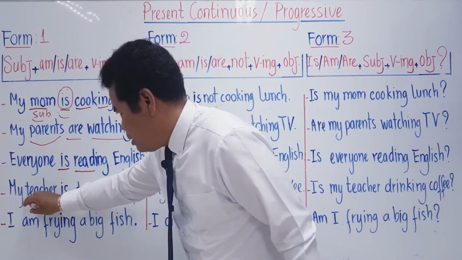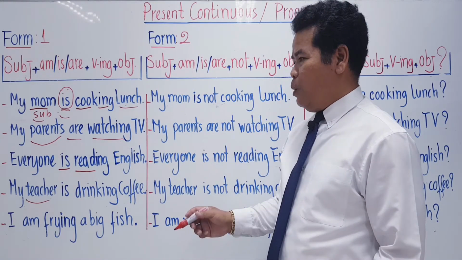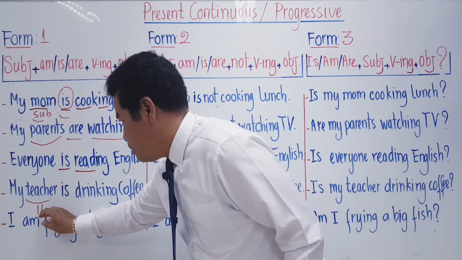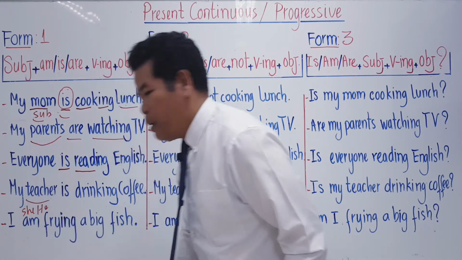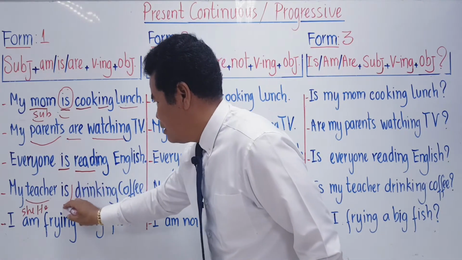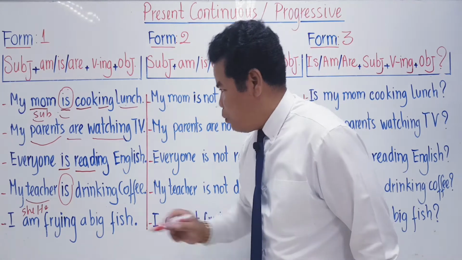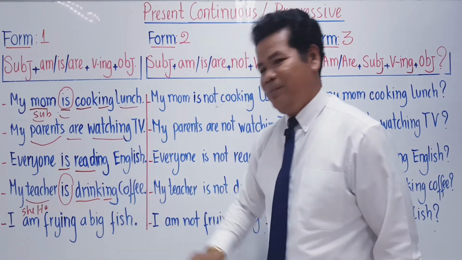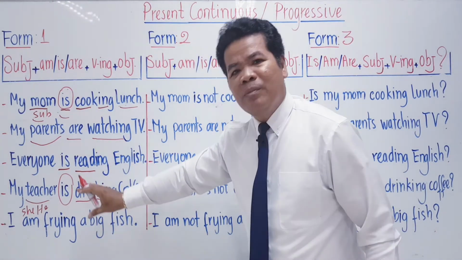My teacher is a subject, and then do I have to use is or am or are? So think about the subject. My teacher can be he or can be she. Alright? But only one person. He or she. So is is used with the third person singular. Correct. And what about the verb? You see the verb and you see the ing form. That's it. Correct form and correct sentence.